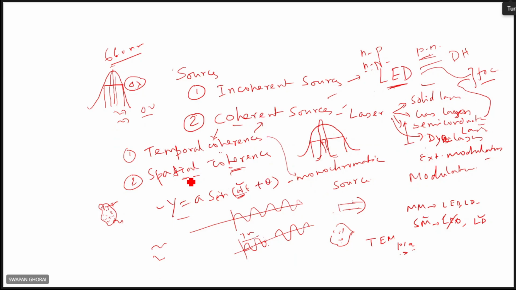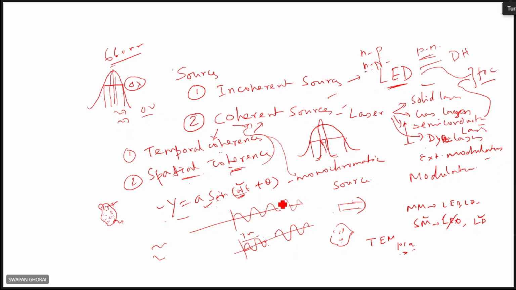Whenever high temporal coherence and high spatial coherence are present, you can say it is a highly coherent source. And generally, laser sources are highly coherent sources, right? Another thing: if you consider a sin(omega t plus minus theta), that means it is sinusoidal from minus infinity to plus infinity. That's why it is monochromatic.